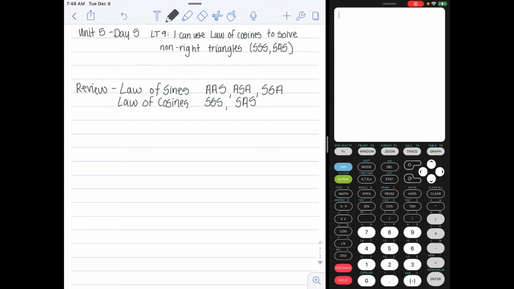So let's draw out a nice triangle and label it. We'll go A, B, C, same thing, corresponding sides to it. And what is this actual law of cosine?